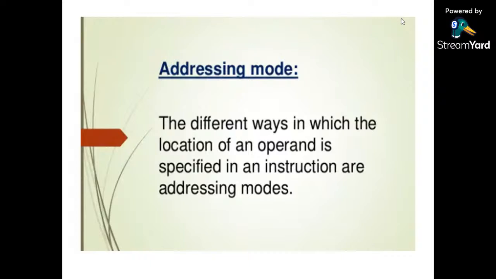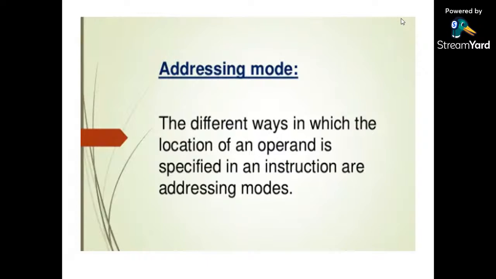So there must be some rules which tell the processor what is the exact meaning of whatever operands and variables are specified in the instruction, so that the processor can understand that instruction and fetch the values of variables into the processor. These things are made possible with the help of addressing modes.